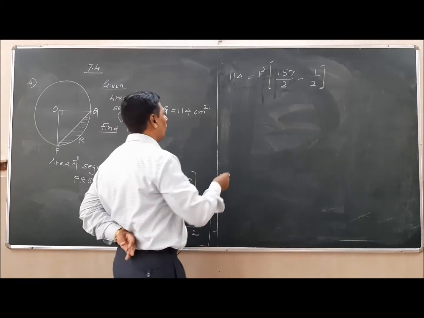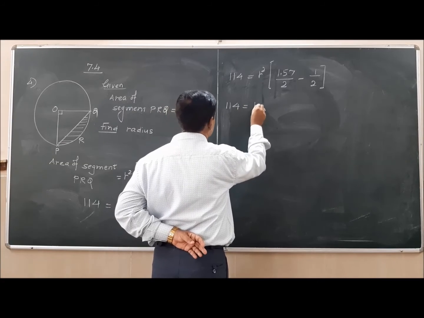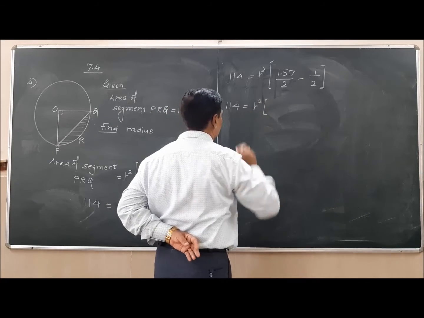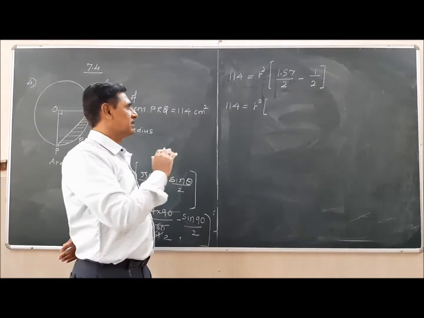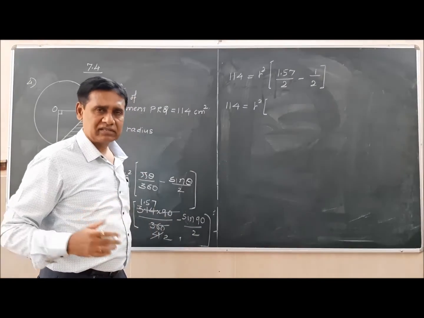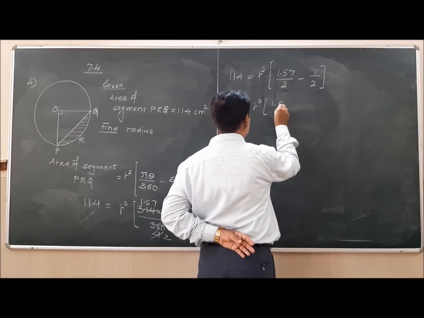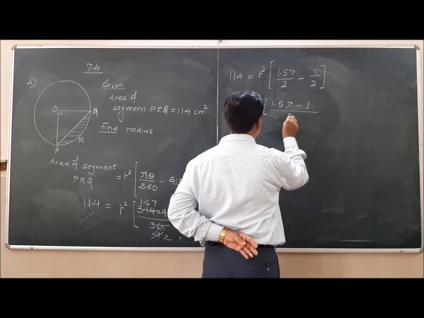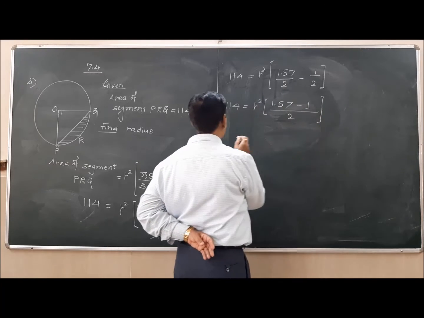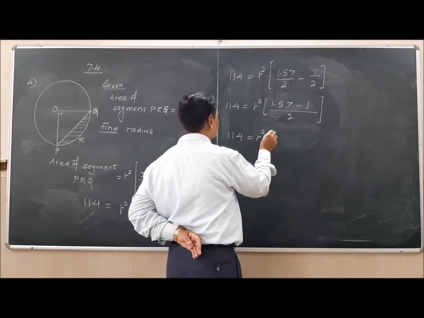Now 114 I will carry further as it is, r square. Now you will notice very easily that the denominators are the same, so straight away I can subtract the numerators. So 1.57 minus 1 upon the denominator, which is the same, 2. 114 is equal to r square.